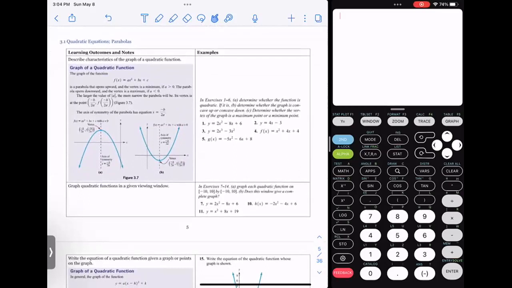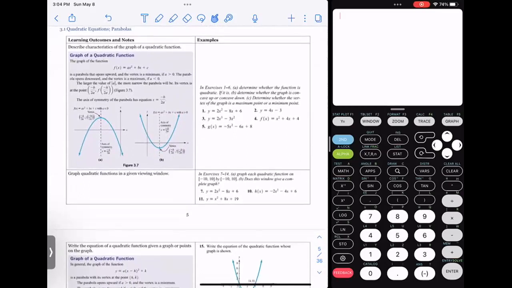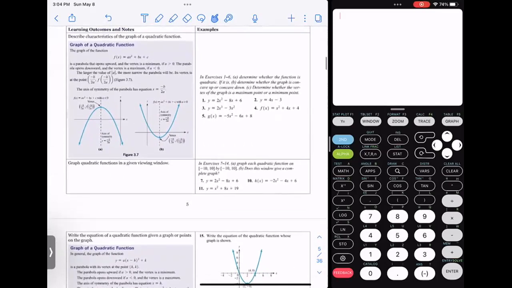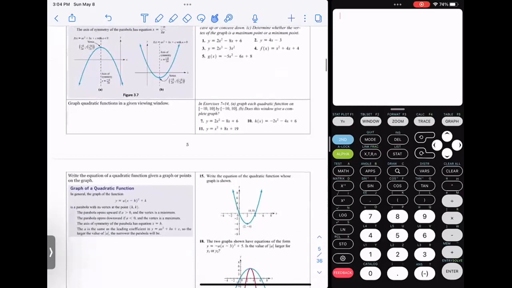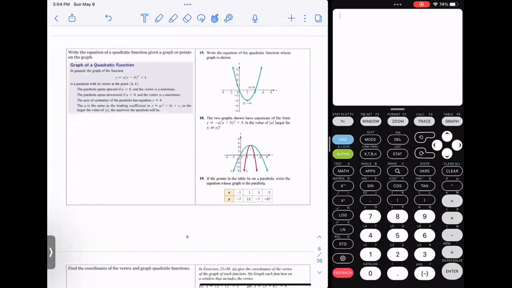Quadratic equations, right, parabolas. Any questions on this one? Questions on this one? All right.